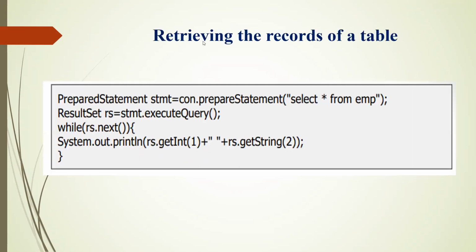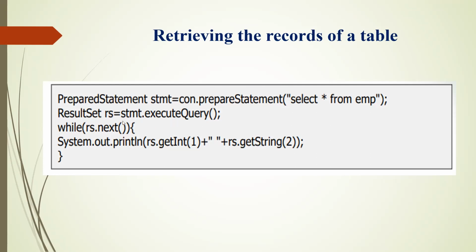And the last operation using prepared statement is retrieving the records of a table. Here also the same connection and prepared statement should be written, with select star from employee. The query retrieves all the records from the employee table. So we are giving select * from emp, and this query is ready.